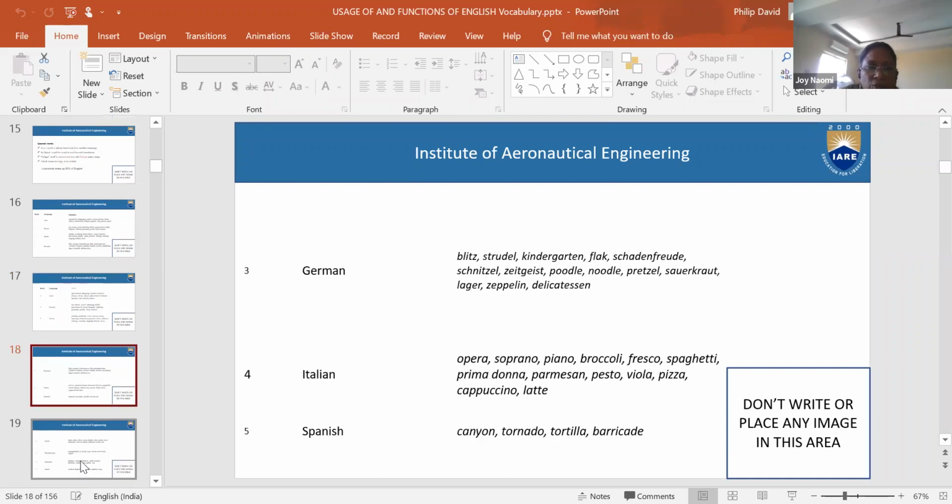Yes, coming to Italian words. Please read the words that English has borrowed from Italian: opera, soprano, piano, broccoli, fresco, spaghetti, prima donna, parmesan, pesto, pizza, cappuccino, latte.